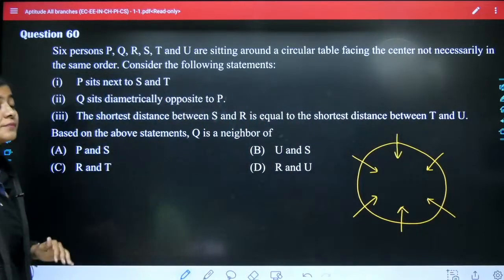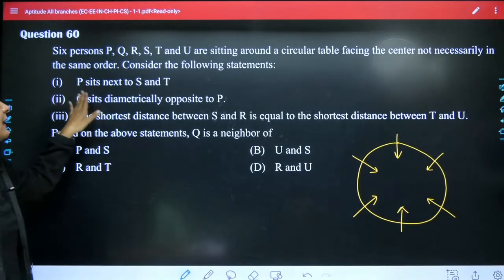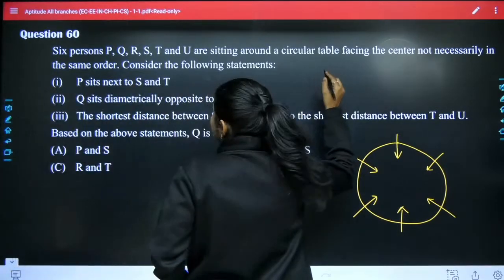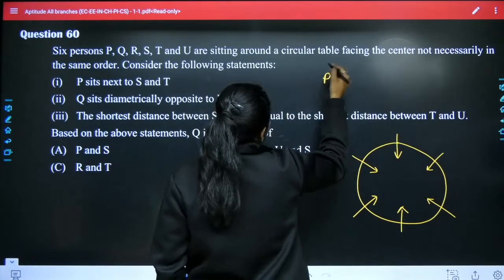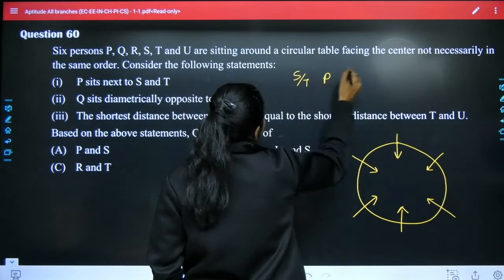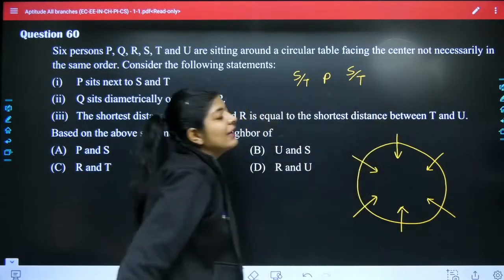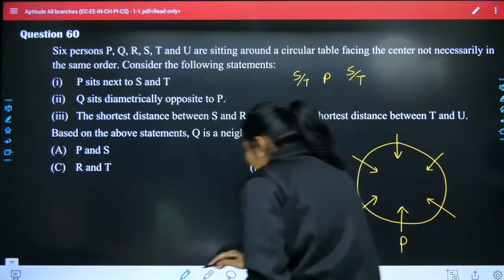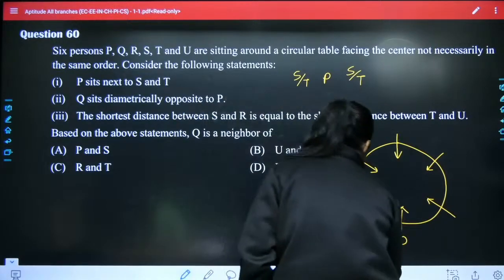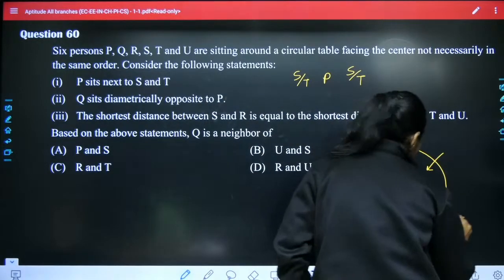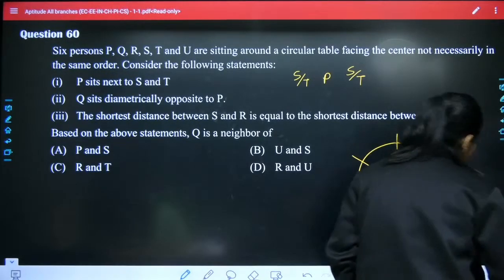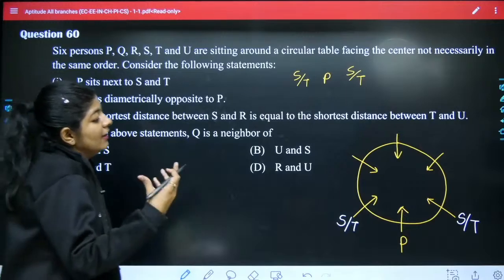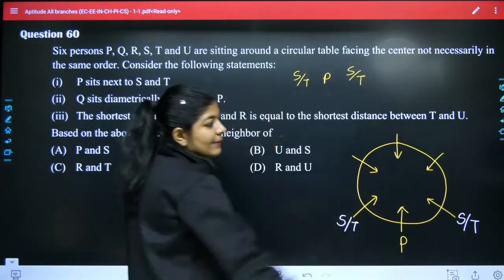It is stated that P sits next to S and T. So we can place P here, but we can't fix the position of S and T. So we can put S and T like this, right? We can't fix the position of S and T, so we draw the diagram similar like this.